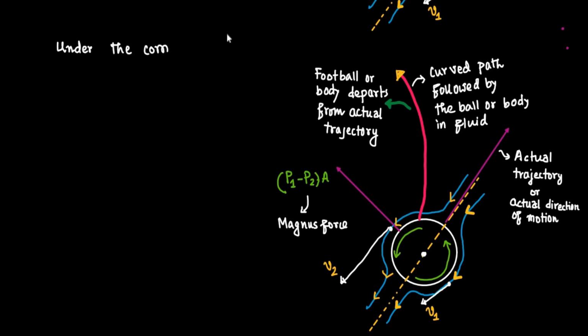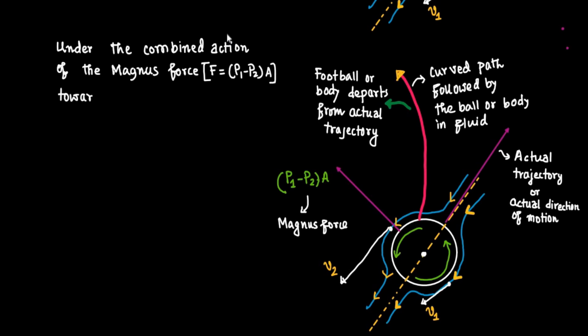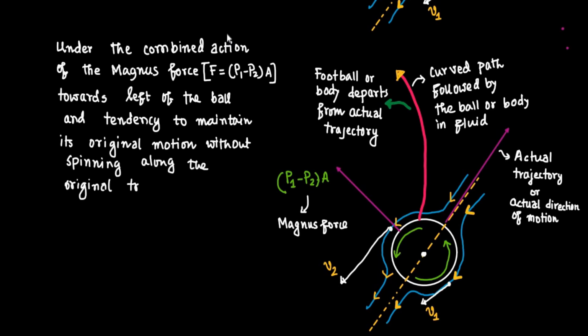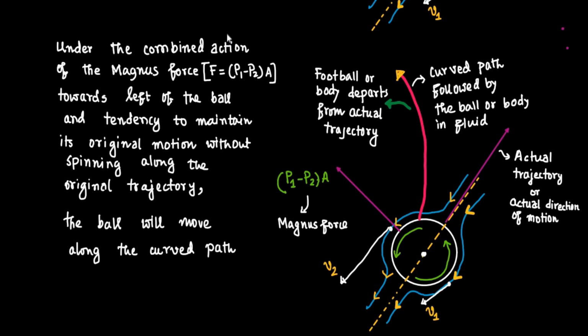Under the combined action of Magnus force, F equal to (P1 minus P2) into A, towards left, and the tendency of the ball to maintain its original motion or original trajectory without spinning, the ball will move along the curved path.